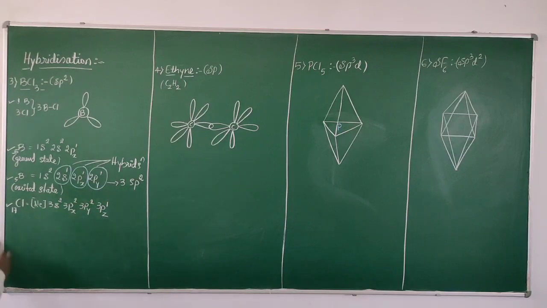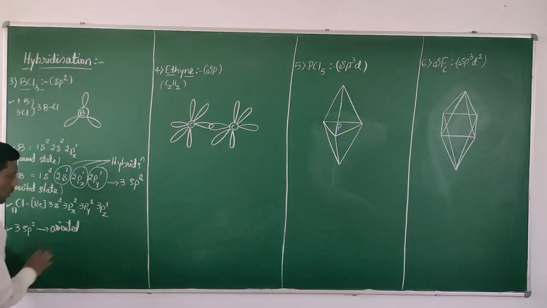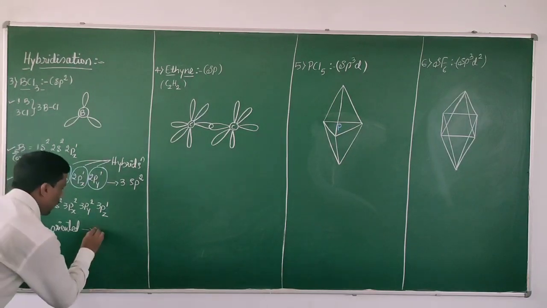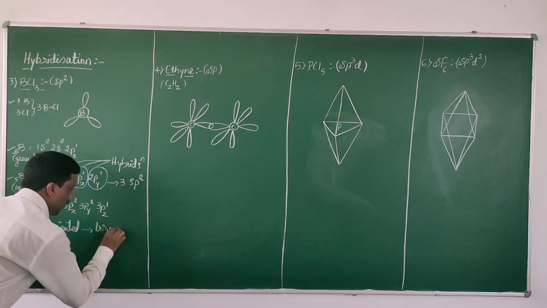These 3 sp2 hybrid orbitals are oriented trigonal planar.